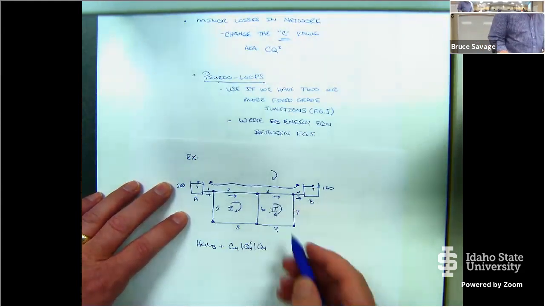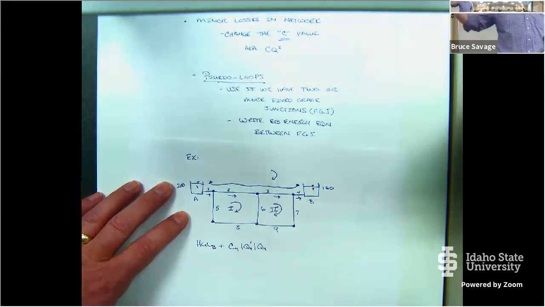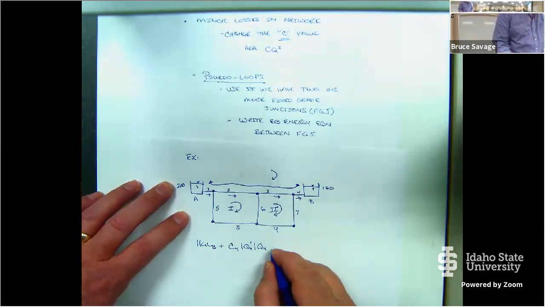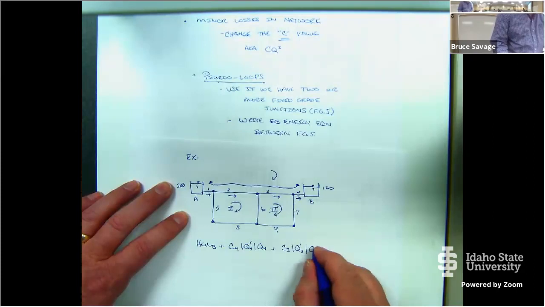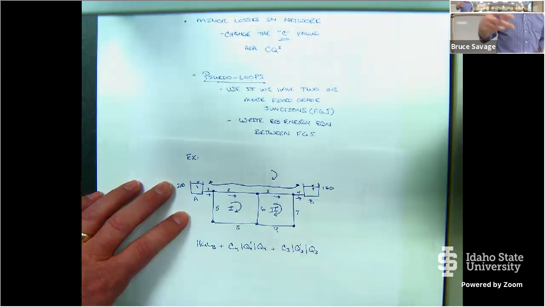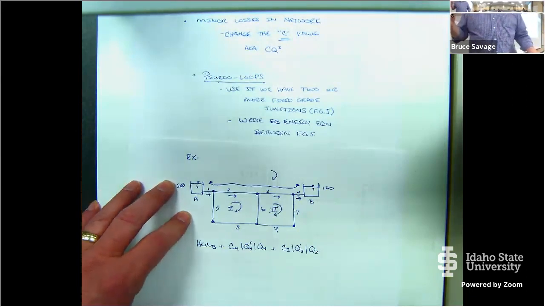And that takes me over to pipe 3, once again still going against the flow. So using my sign convention, going against the flow is positive. So plus C sub 3 times the absolute value of Q sub 3 prime times Q sub 3. And remember, prime means the old value. I'm just writing this equation in the form that'll make it easy to stick into our spreadsheet.